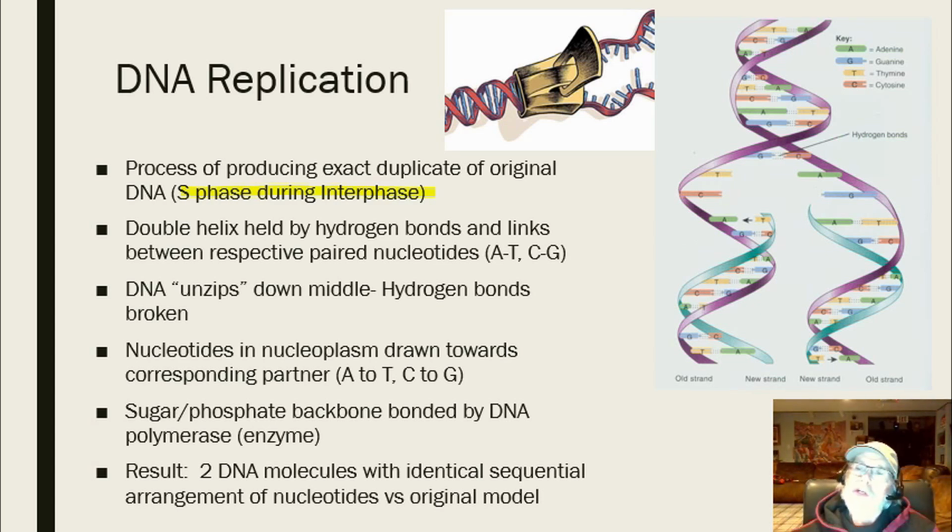What happens is now I just have these long strands, like we talked about before. During that S phase, I want to take those 23 pairs, or 46 chromosomes, and I want to duplicate them. So I want to double it.